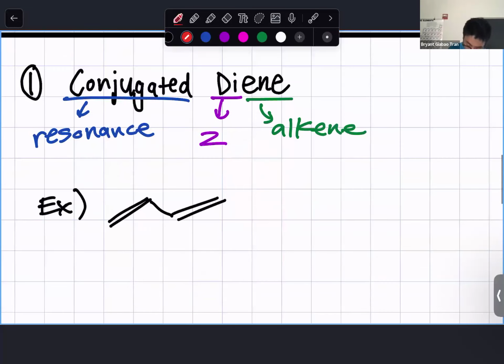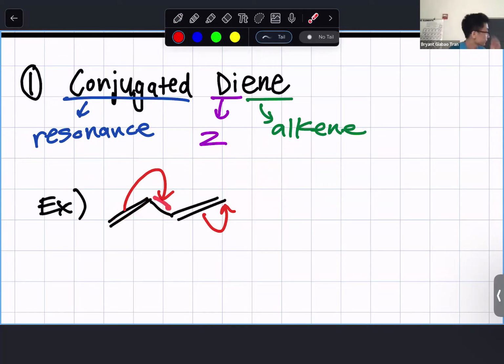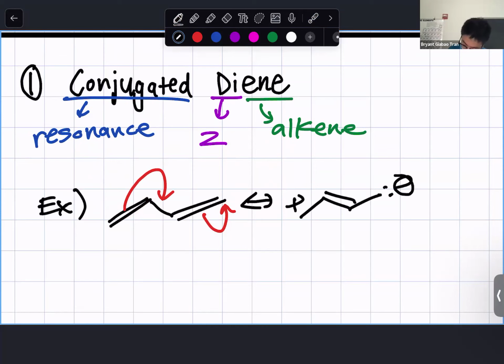An example of resonance is where we move this double bond to make a double bond here. When we do that, we have to move this double bond to make a lone pair of electrons there. That is going to make this resonance structure here.